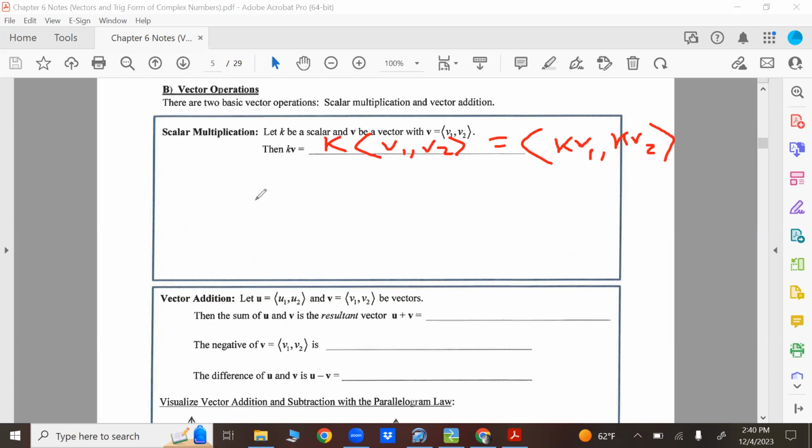So say, for example, that was V1, that was V2. And then say I double them up. So that's 2V1, that's 2V2. That's all that's happening.